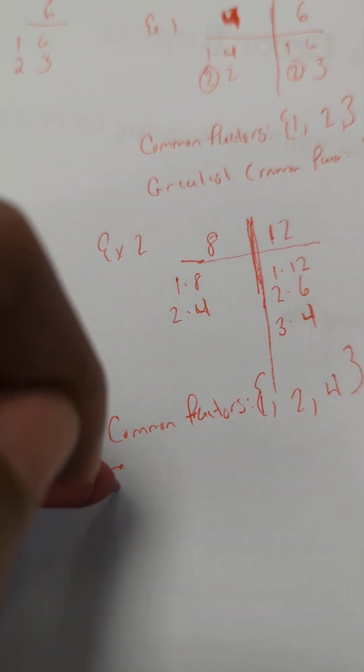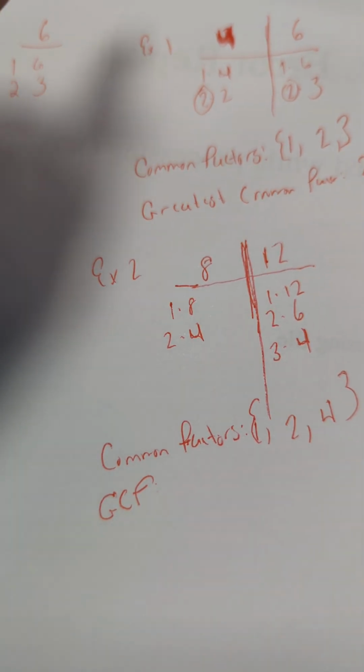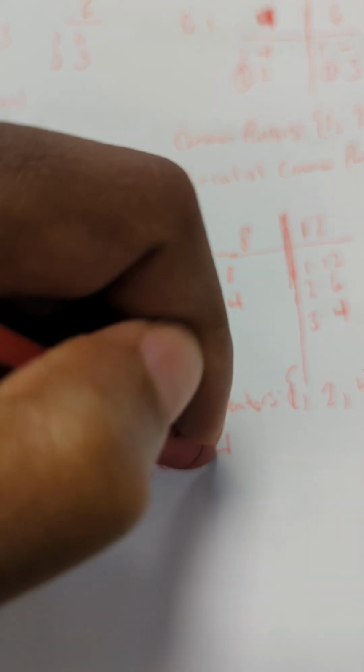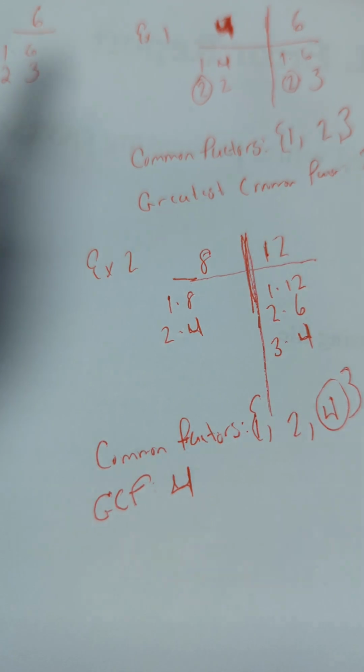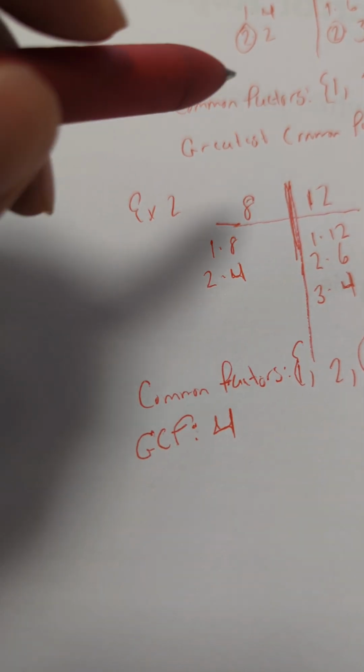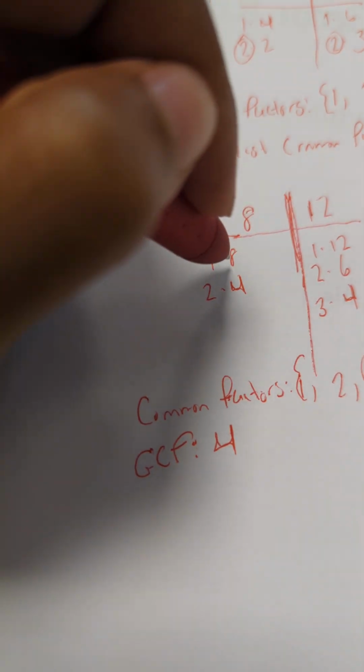All right, so we ask, what is the greatest common factor? What is the GCF? The GCF in this case is 4 because 4 is the highest number out of all of them. So the greatest common factor is 4 in this example because 4 is common to both.